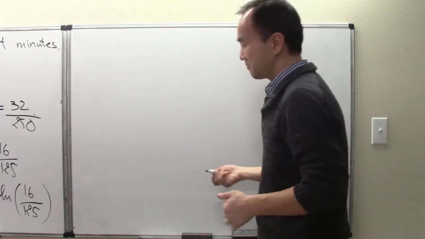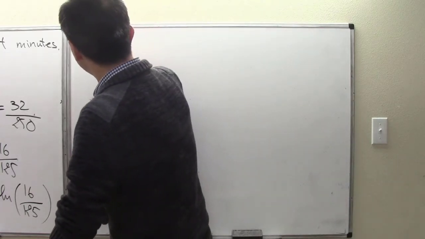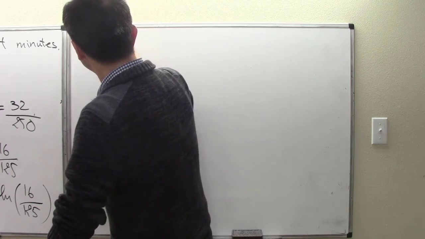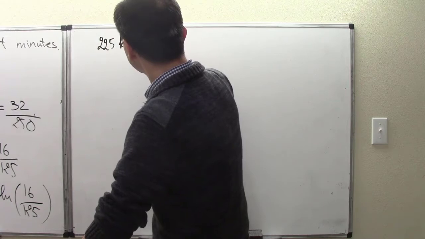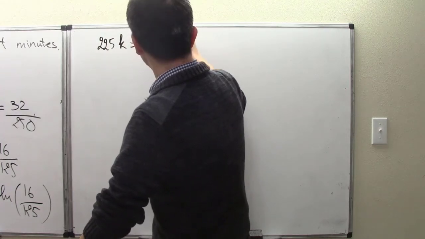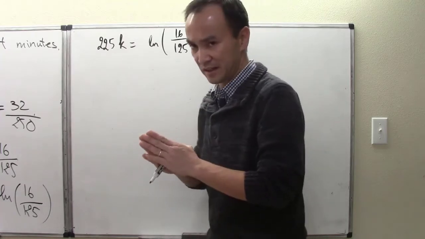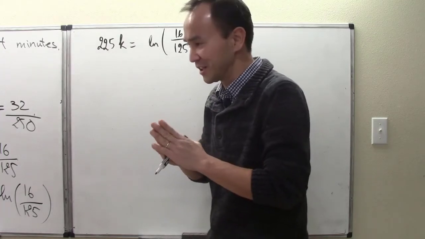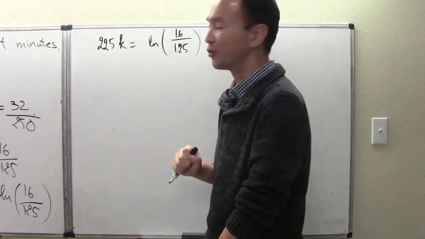So currently I'm at 225k equals natural log of 16 over 125. I still want to move on with the algebra instead of rushing into punching it in the calculator.